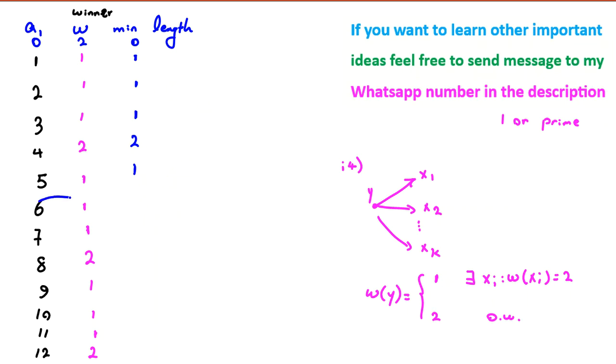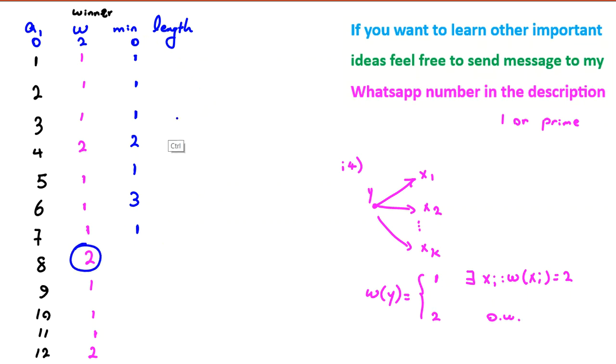For 6, sorry, because we want first player to be winner, first player won't take 5 to reach 1, because then second player is winner. 6 can go here or here. First player, 6 is not possible because 6 is not prime, but 2 is possible. 2 is prime. So 2 steps here, length, and plus 1 step here, so it will be 3. For 7, first player is winner, 7 is prime, so we can reach here, and it's 1.